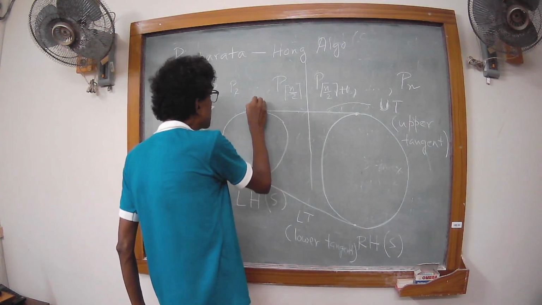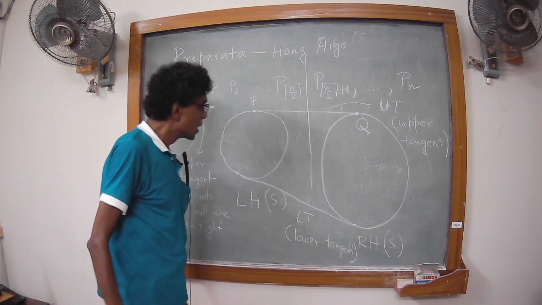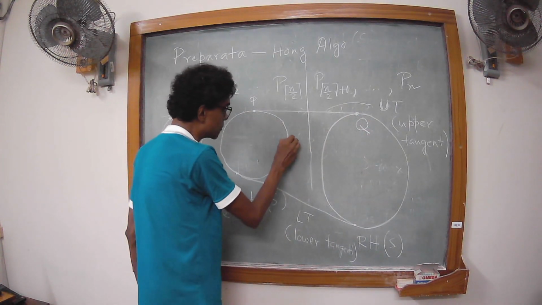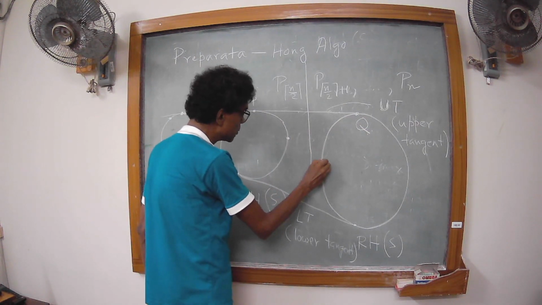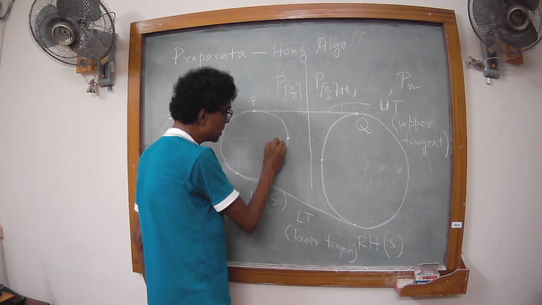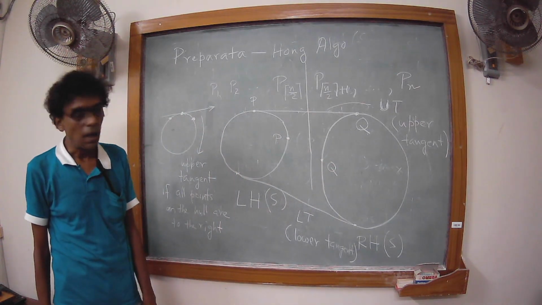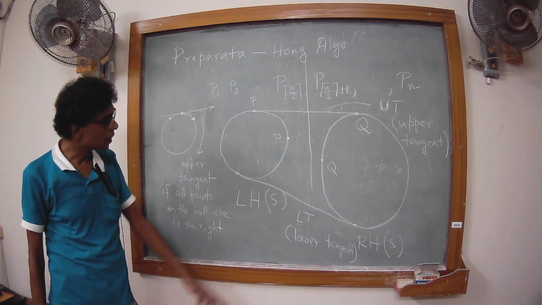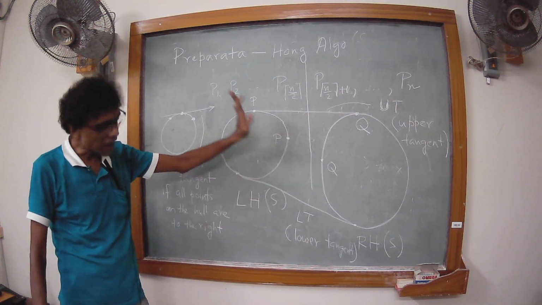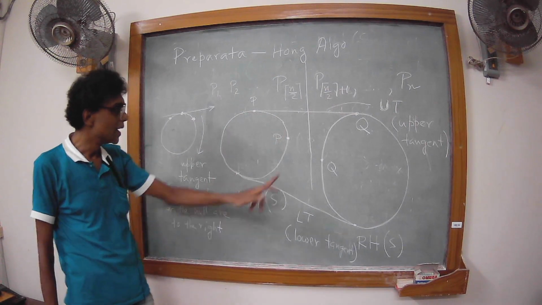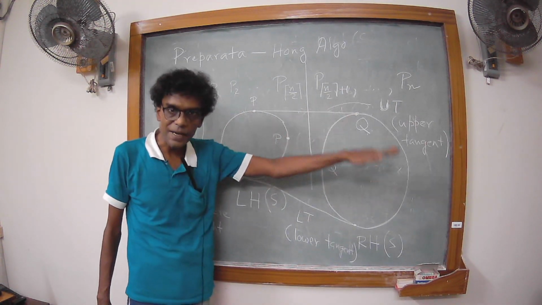So, this point if I call P and this point if I call Q, I will start a search from the rightmost point here and the leftmost point there. Initial value of P is the rightmost point of the left hull, and initial value of Q is the leftmost point of the right hull.